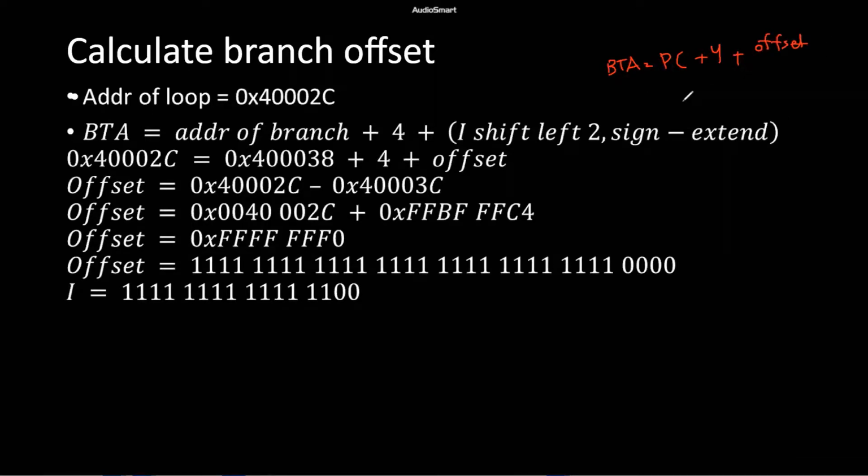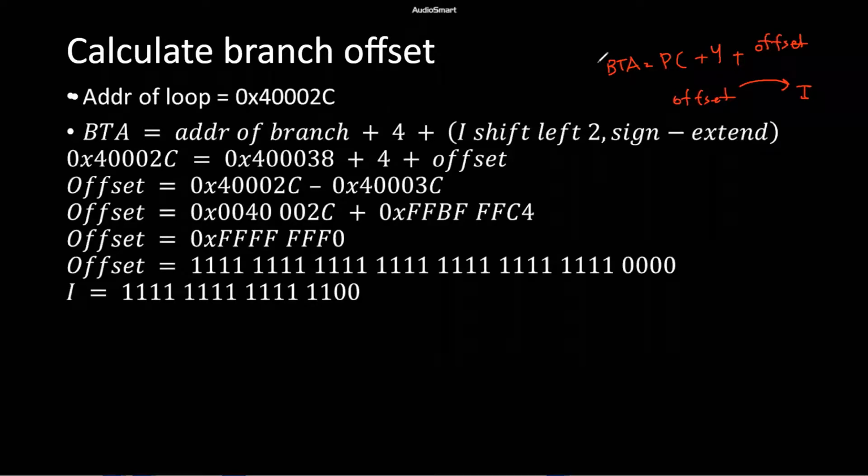And then we said there is some relationship between offset and I. So this is offset and this is I. If you want to go from this offset value to I, so just to be clear, offset is the amount that we are jumping, and I is actually what we are putting in the memory.